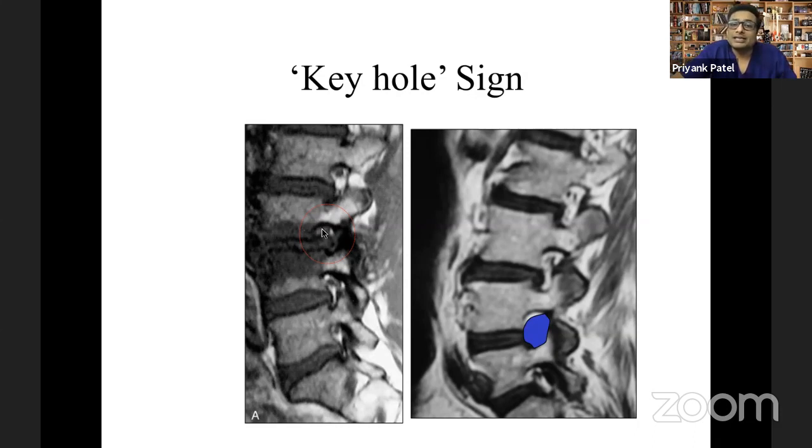If you actually see the MRI, you will also see a lot more degenerative changes at other levels. But here, for us, what is important is the correlation. So if the patient has a radiculopathy in the L3 distribution, and you see that the keyhole on the right side at L3 is again compressed, then you know that the problem is matching, and this is because of the disc. Okay.